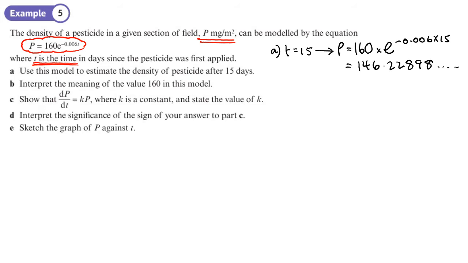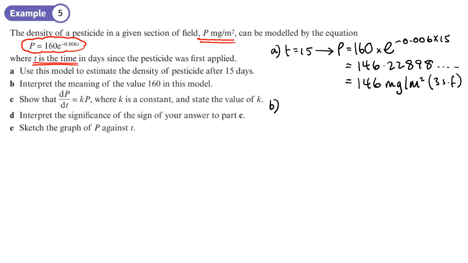The amount of pesticide, well, we could give 3 significant figures. So 146 mg per square meter, and that's 3 significant figures. It's normally acceptable.